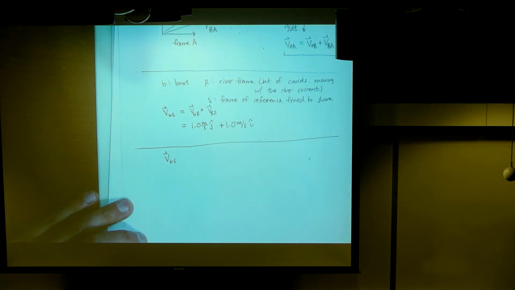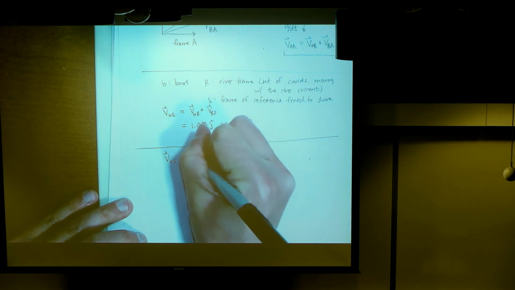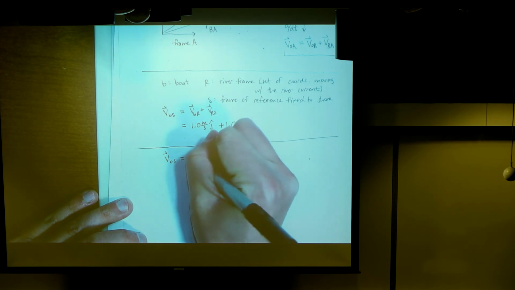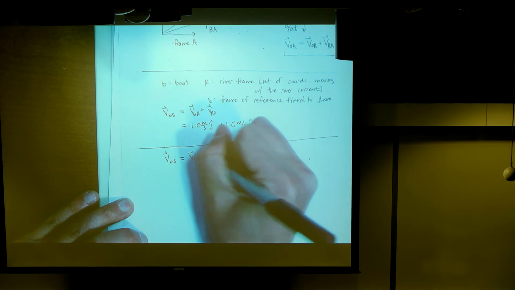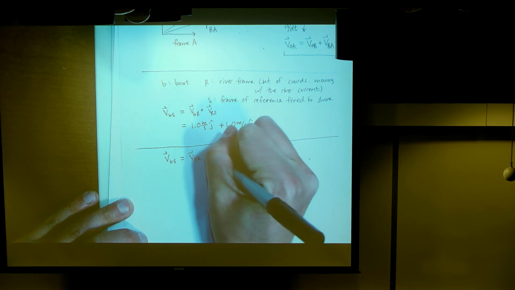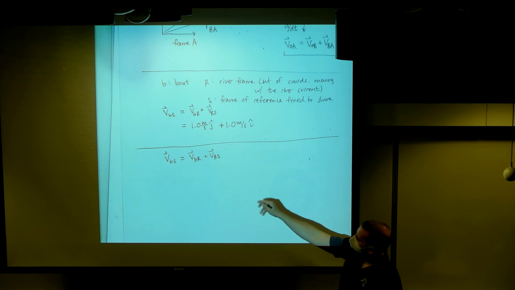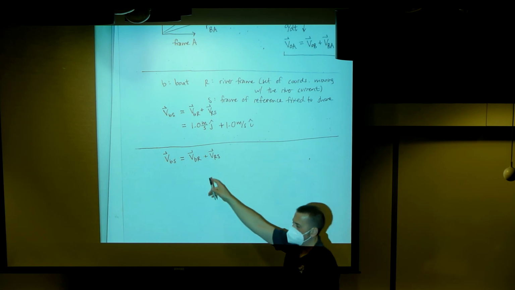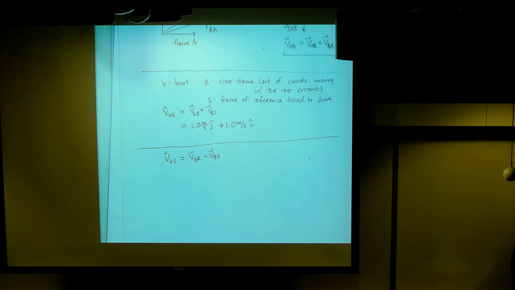VBS, that's the velocity of the boat relative to the shore, equals VBR, that's the velocity of the boat relative to the river, plus VRS. That's the velocity of the river relative to the shore. So that's the equation we have, same as before. But now, I want to look at each one of these vectors and just kind of get a sense of which way it's pointing, okay?